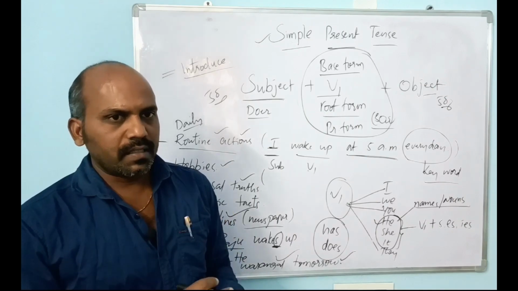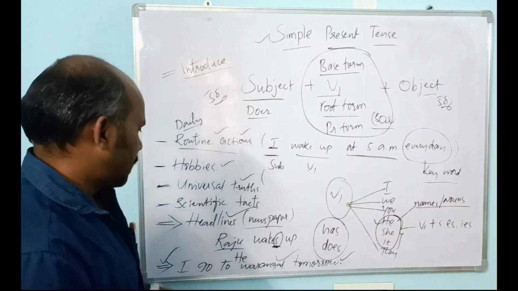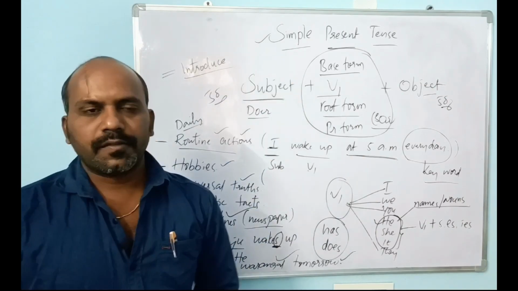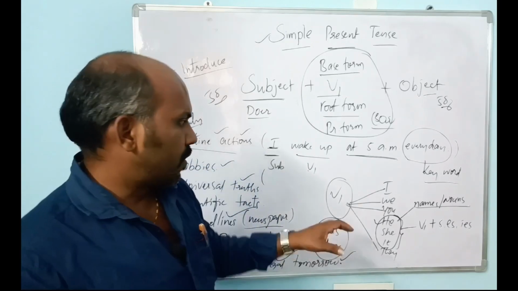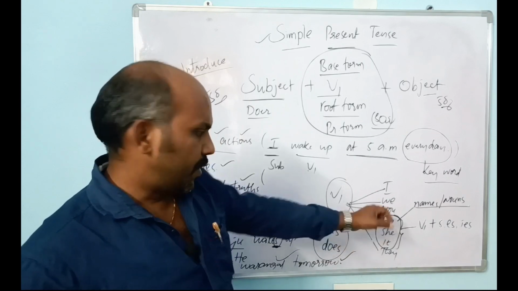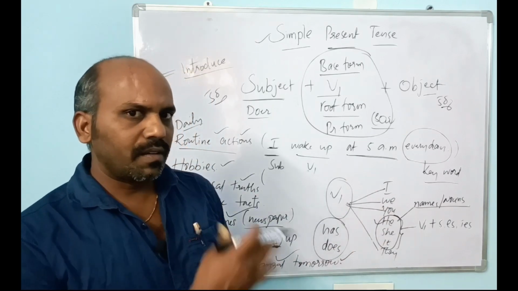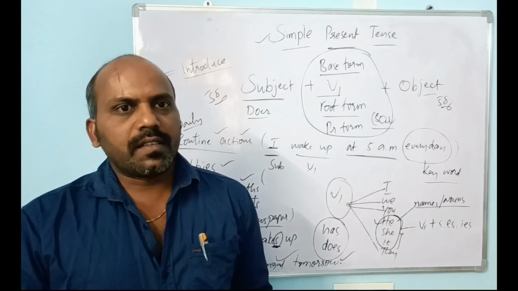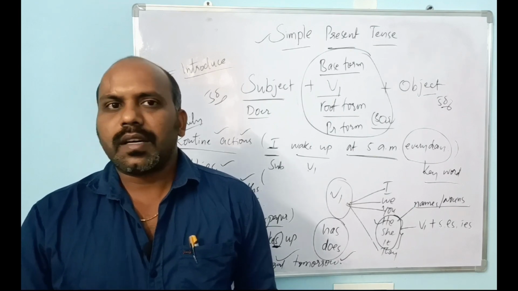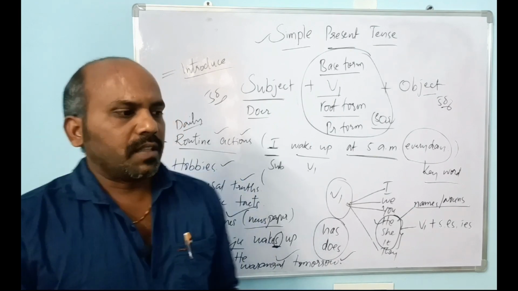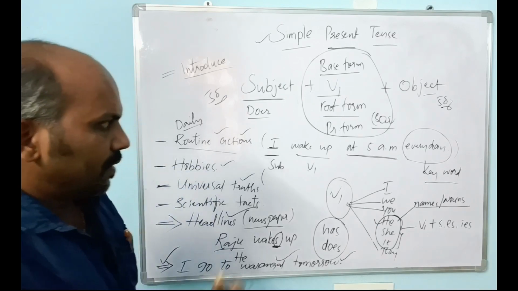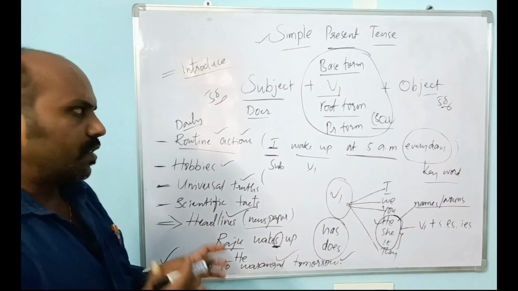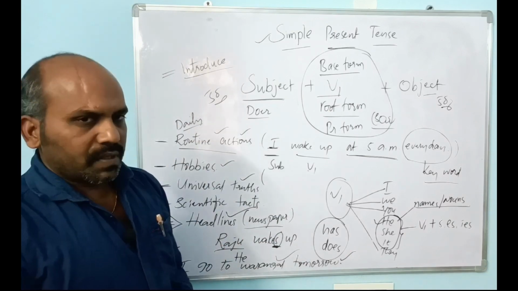In both conditions together we have used simple present tense: a future planned action, a paper headline, and also the third person singular with the S form. All together: US President arrives as a guest to our 26th Republic Day celebrations. So these are the uses of simple present tense.